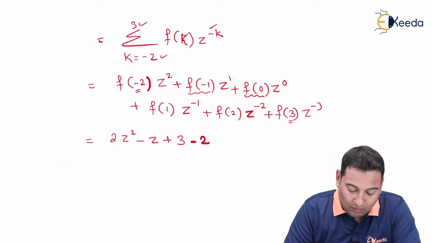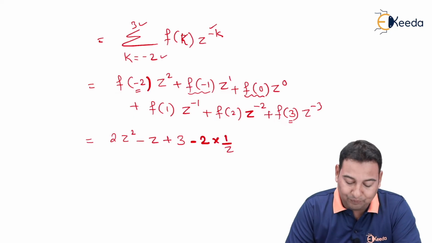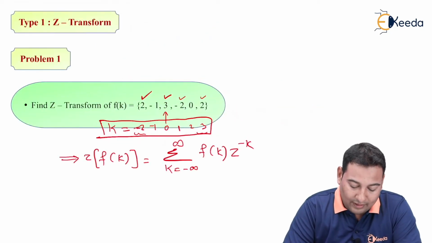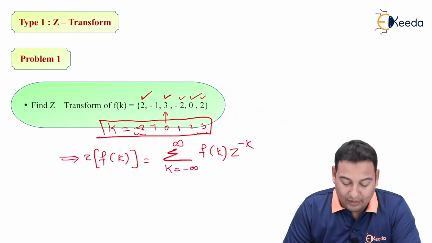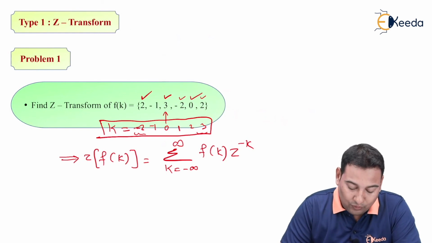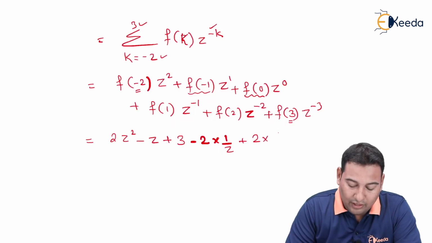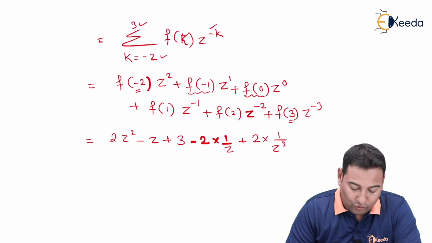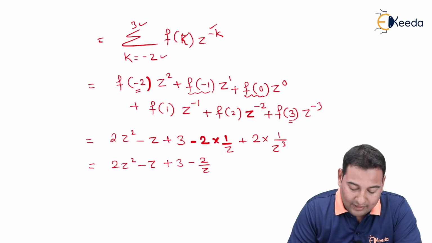Z inverse is, you can say, 1 upon z. F of 2 is 0 and f of 3 is 2. So this is 2 into 1 upon z cube. So in short, 2z square minus z plus 3 minus 2 by z plus 2 upon z cube is the Z transform for this particular problem.